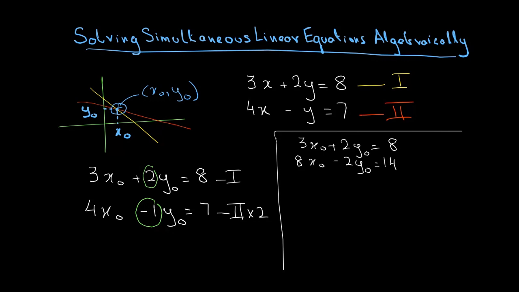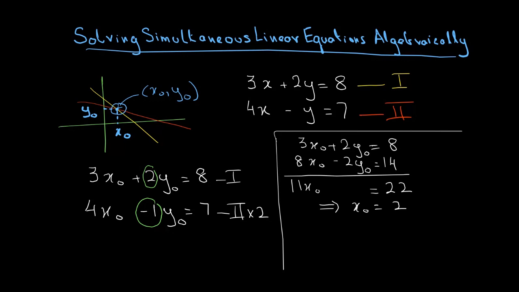Now I can add these two equations, because if I add two equalities, I maintain an equality. So if I add the two equations, what do I get? I get 11x naught. The 2y naught cancels with the minus 2y naught, so you get a 0, and then I get a 22 on the right hand side, which implies that x naught is equal to 2.